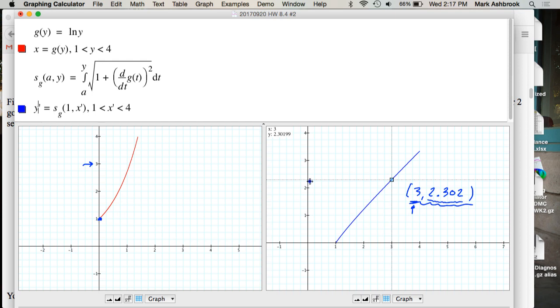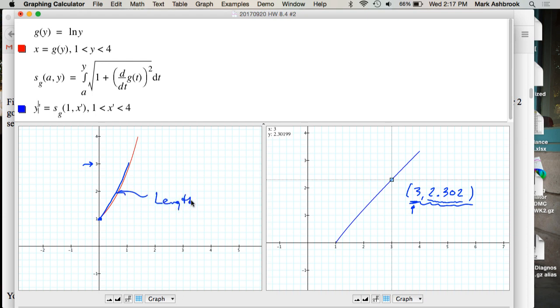Okay, Nicholas. So you want me to draw and do what? Follow the graph. And tell me where to stop. So the 2.302 is the length of what I just drew, right?